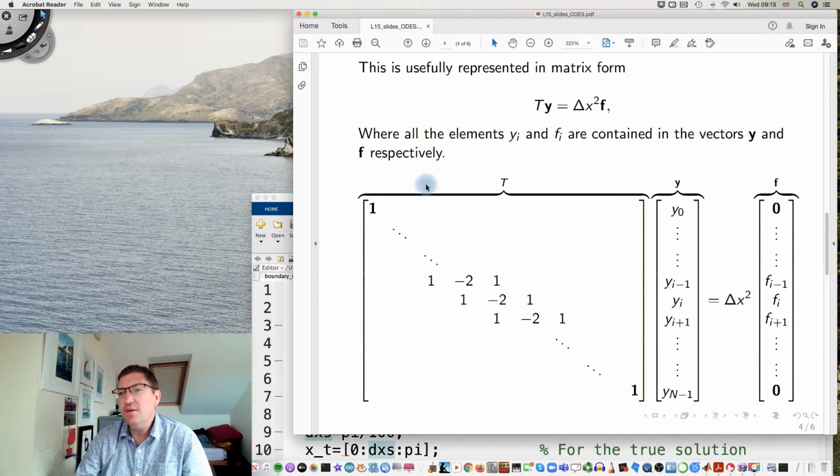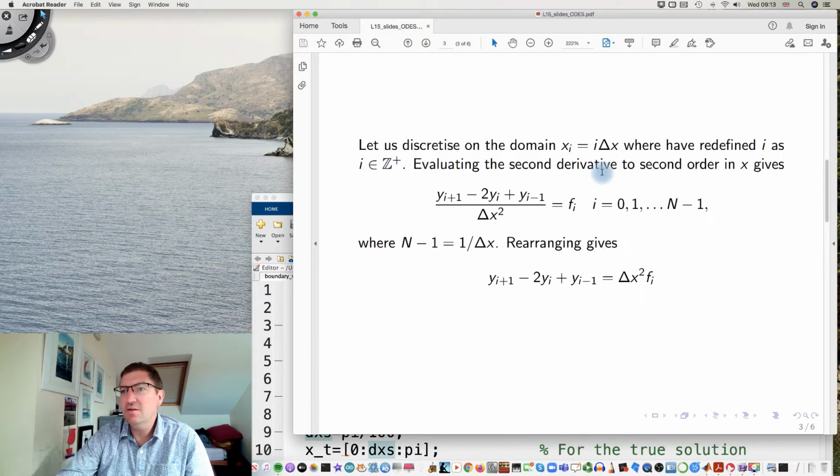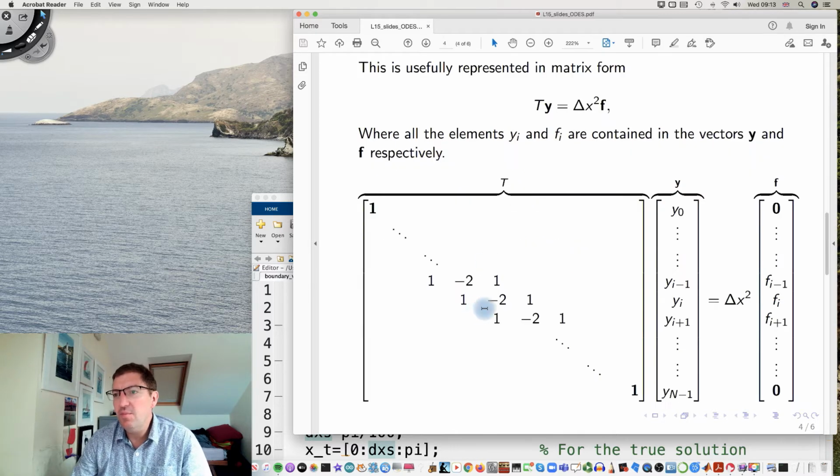But the main thing was we have this matrix, which in its middle points, 1, minus 2, 1, encapsulates this second order derivative, because the coefficients 1, minus 2, and 1 correspond to the interior points, and we use dots just to show that that's repeated. And then we have the boundary conditions that are y0, so the index goes from 0 to n minus 1.